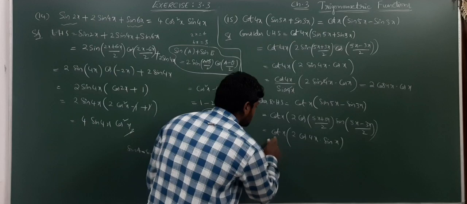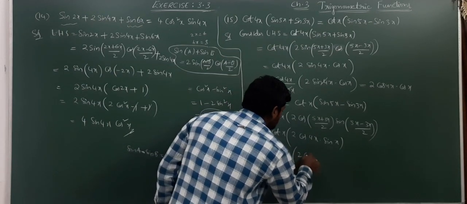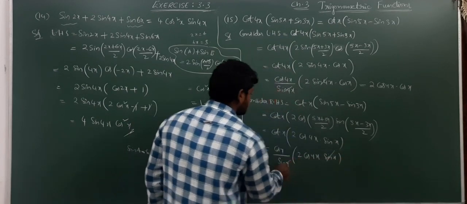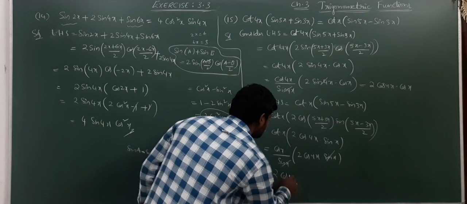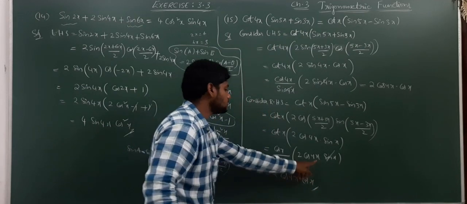By simplification, cot x we can write as cos x by sin x into 2 cos 4x into sin x. So sin x and sin x cancel, which will be equal to 2 cos 4x into cos x. So 2 cos 4x into cos x.